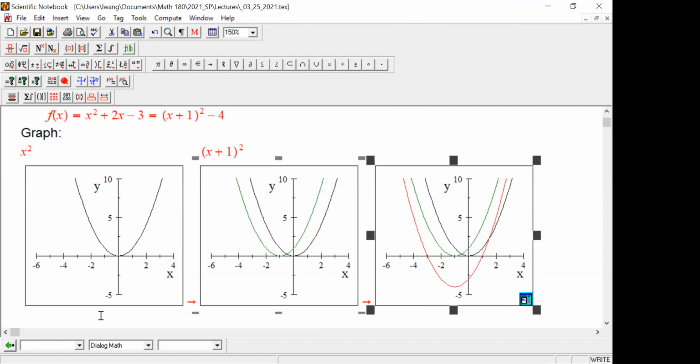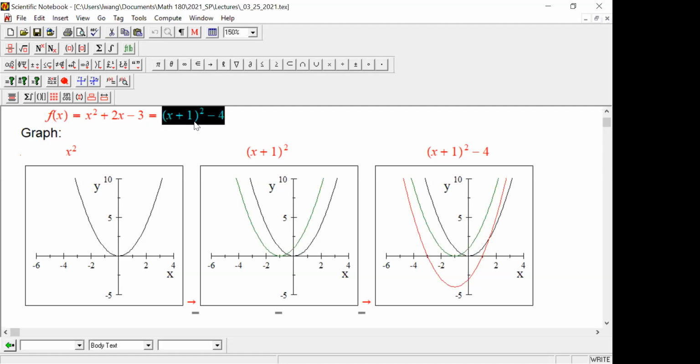From the movement, -1, -4. There you go. From this form, you can see we shifted left by 1 unit and then down by 4 units. So the 0, 0 is shifted over here, and this point is -1, -4.